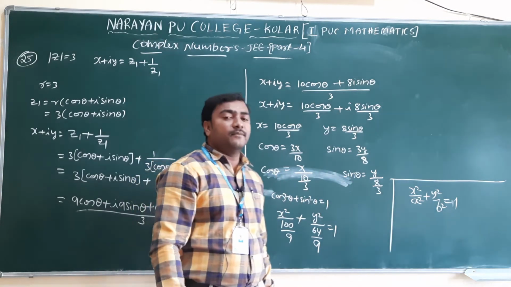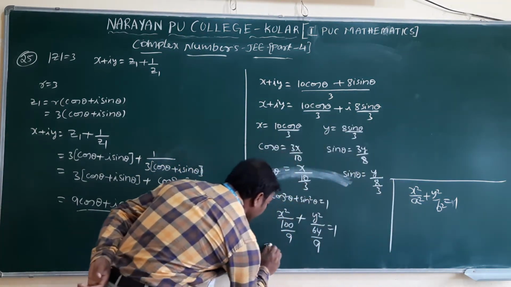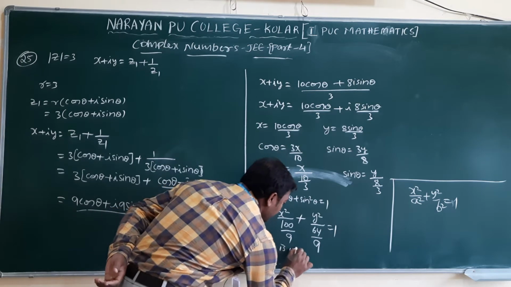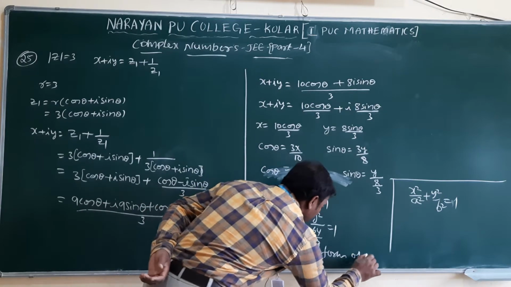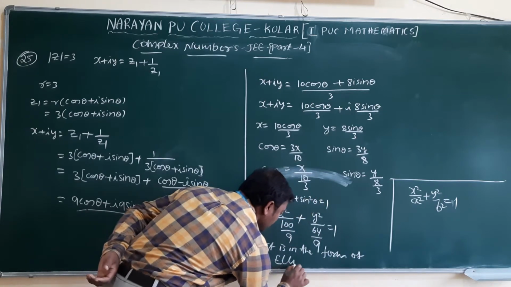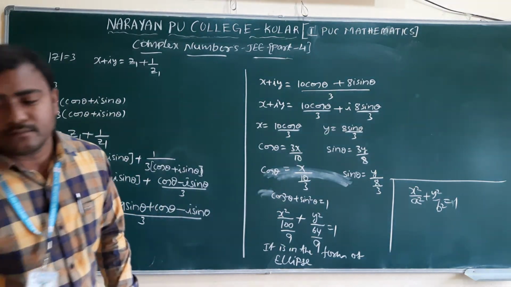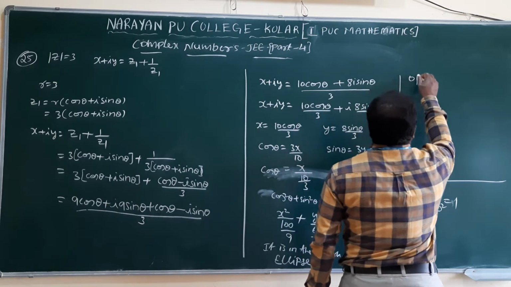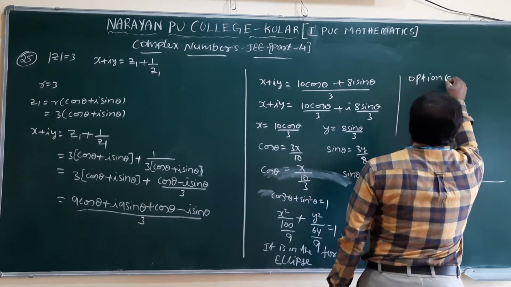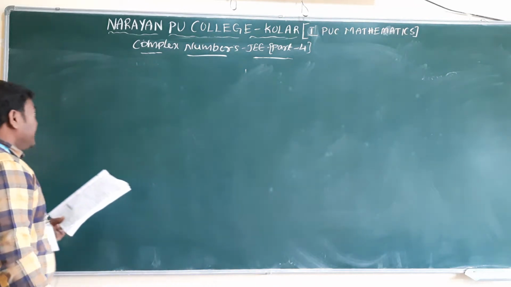Therefore, it is in the form of an ellipse. Here option C is the correct option. Next question, question number 26.